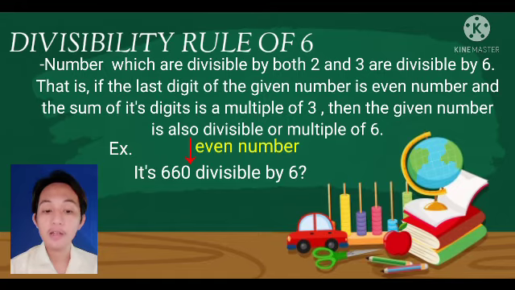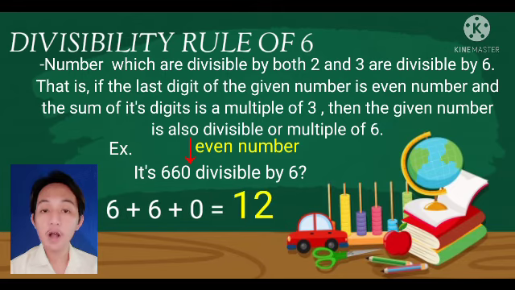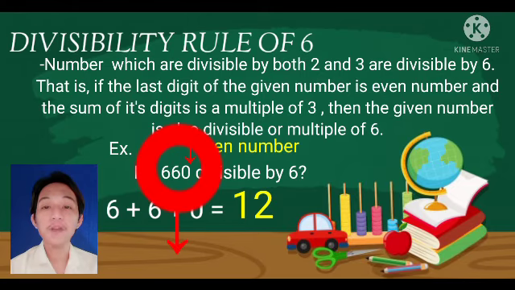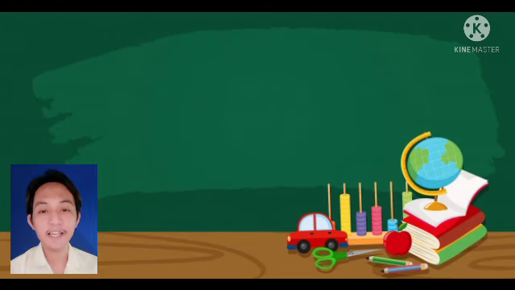Therefore, 660 passes the divisibility rule for 2. Next, we get the sum of all the digits in 660. We add 6 plus 6 plus 0 equals 12, and 12 is a multiple of 3. Therefore, the original number 660 is divisible by 6. And that's the divisibility rule of 6.